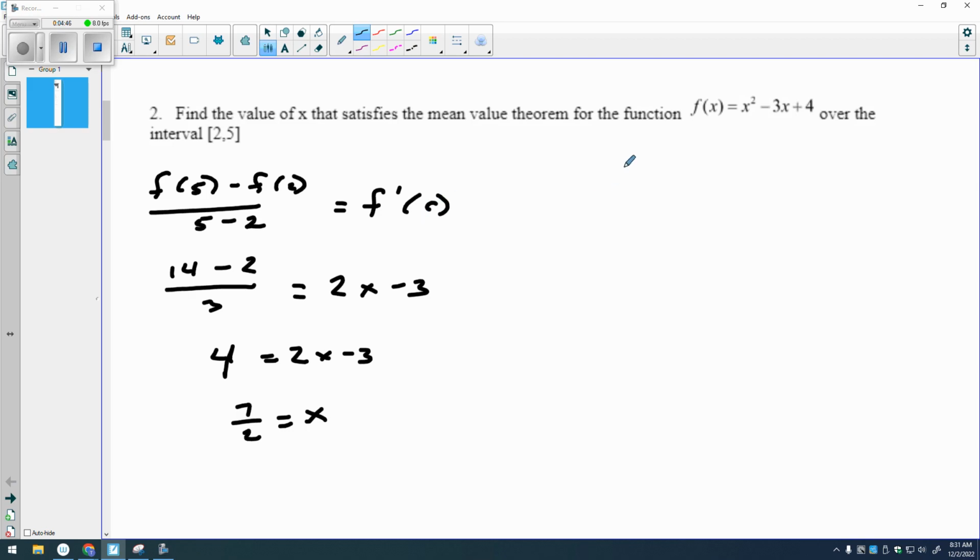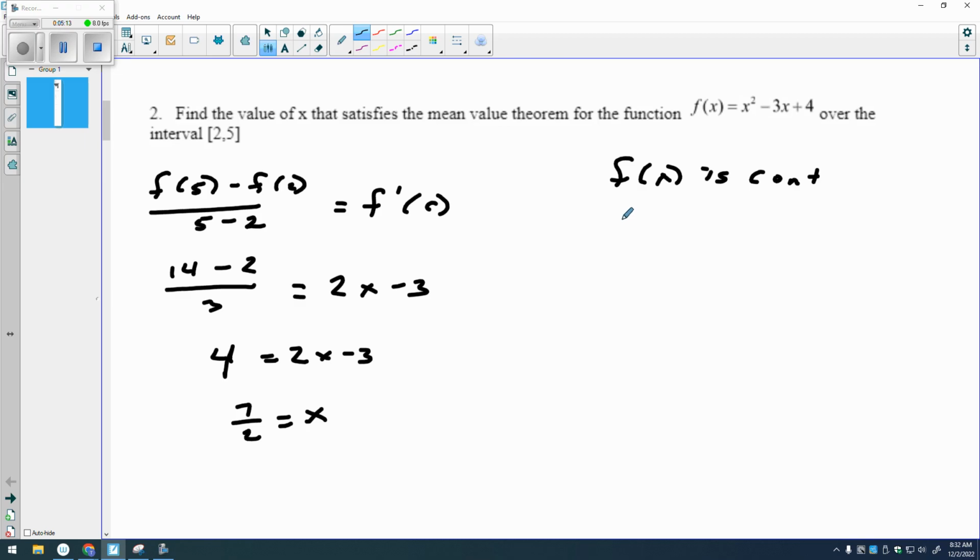Now I should have over here said something about the mean value theorem's if statements. So I would say f of x is continuous. Sorry, that's not it. f of x is continuous on the closed interval and differentiable on the open interval.